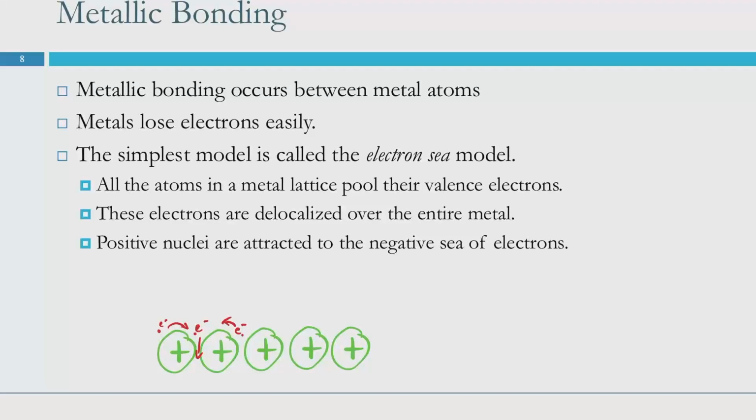So we've got a baseline of lots of nuclei, and the electrons flow freely through and between the nuclei.